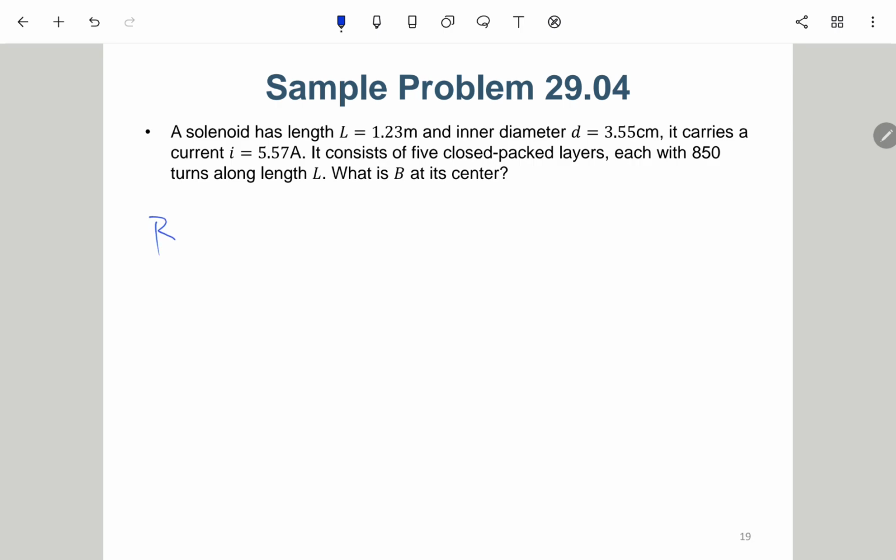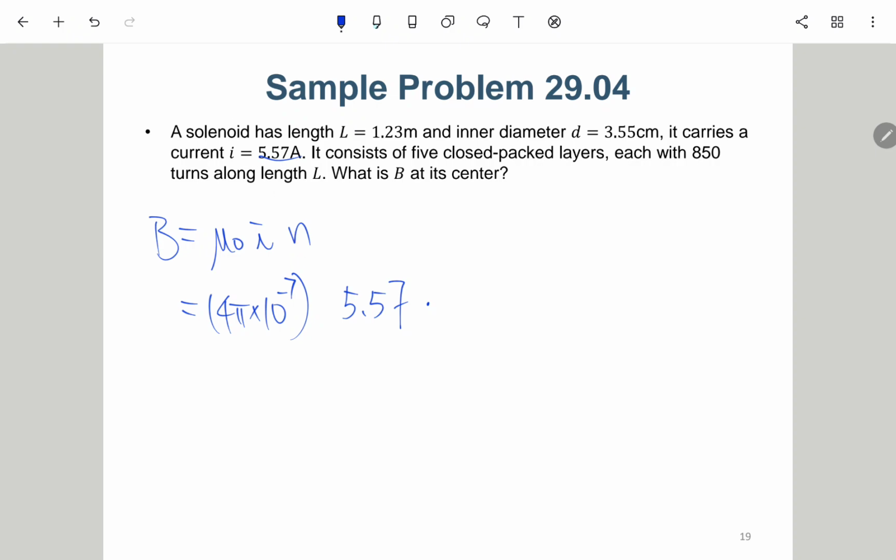Okay, so B equals mu 0 I n. Mu 0 is 4 pi times 10 to the negative 7, and then I is this one, 5.57, and then times n.